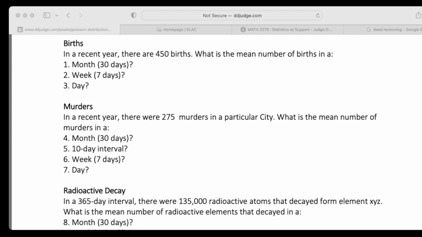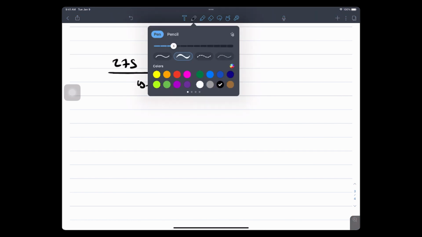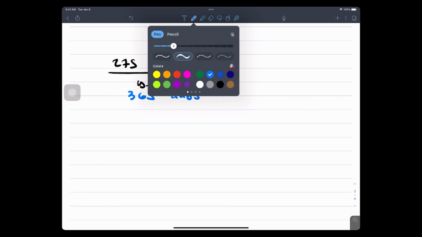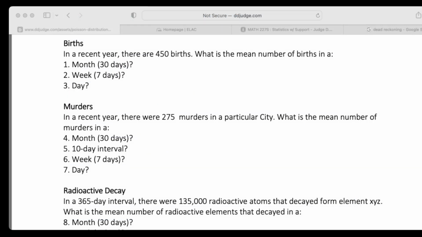Then you have to know how many days are in a year: 365 days. Now you set that equal to the first one. What's the first one? How many murders? You don't know. That's x murders in a month. How many days are in the month they defined for you? 30 days.